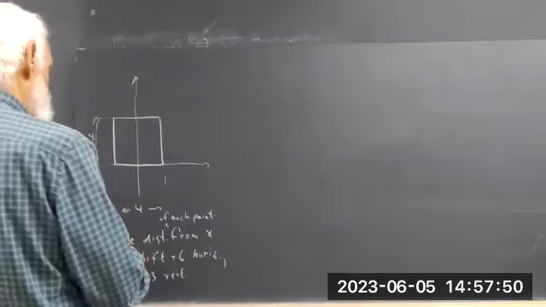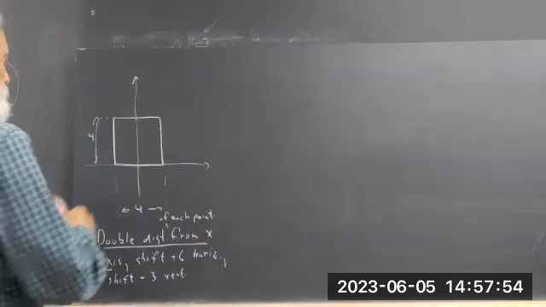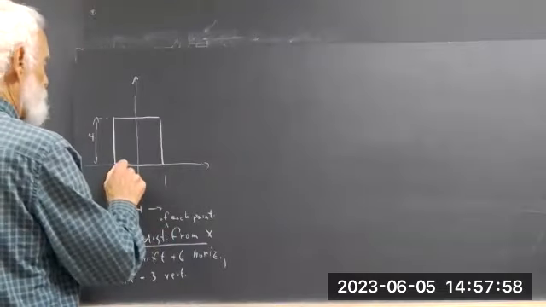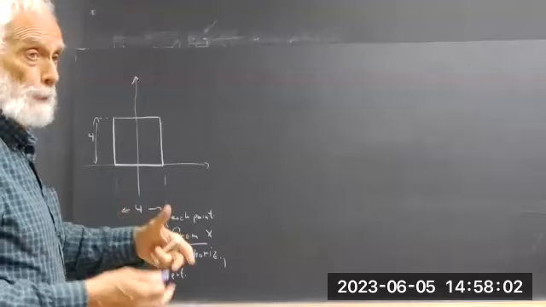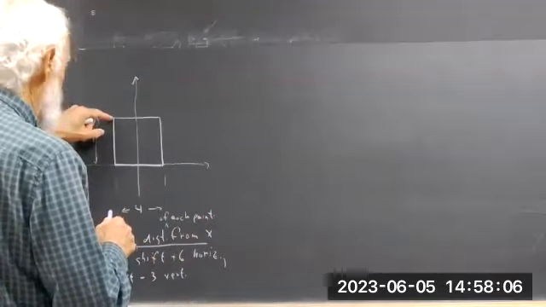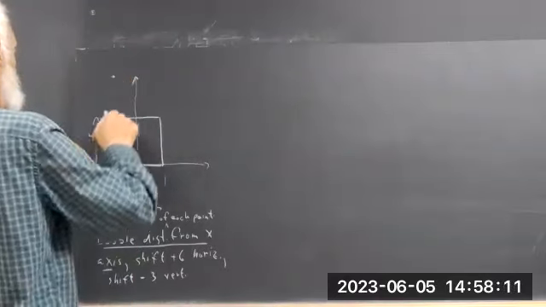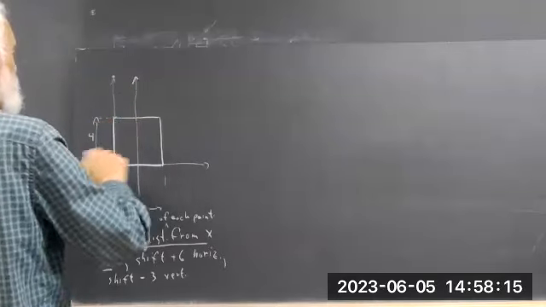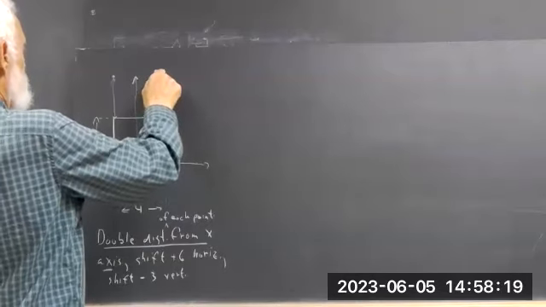Well, let's double the distance from the x-axis. These points are all on the x-axis, so they're going to stay there. If you double, your distance is 0. If you double 0, you get 0. Now, this point has to double its distance. That means it's going to go up to here. We could draw an arrow that shows where this point goes, and an arrow for where this point goes.